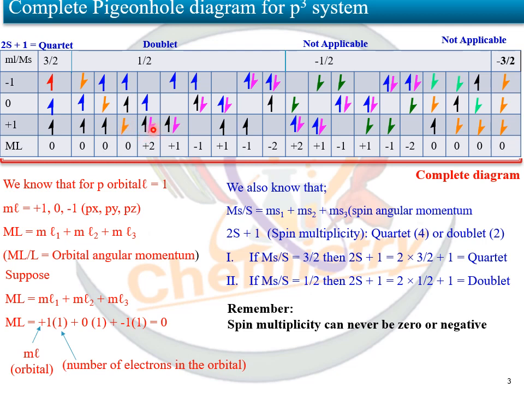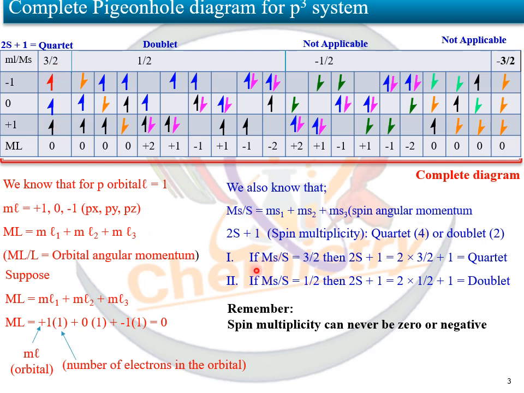Here the ms value is 3 by 2. How? Because plus 1 by 2 three times gives us 3 by 2. Now by calculating the spin multiplicity, it will give us a quartet state of the system over here.